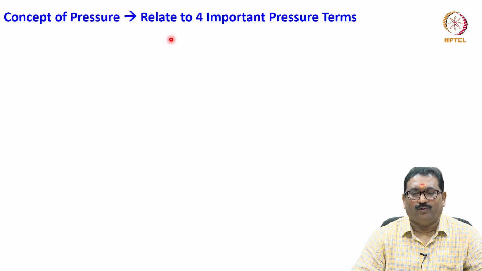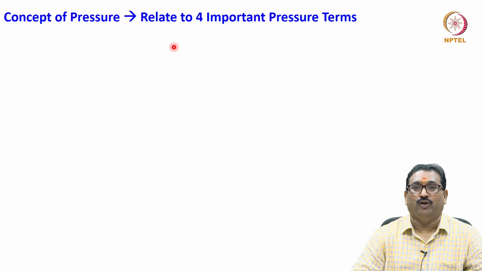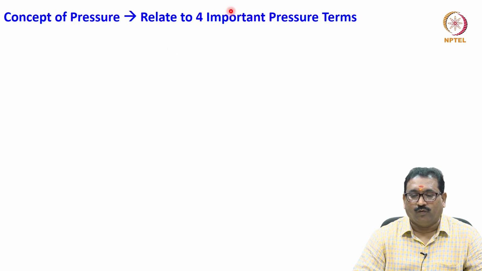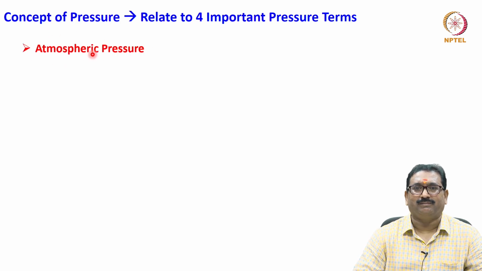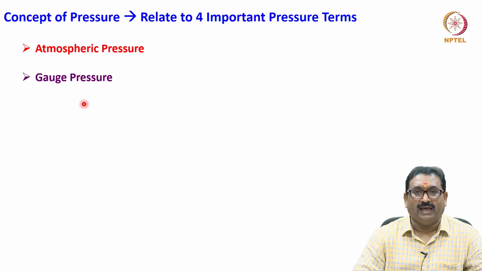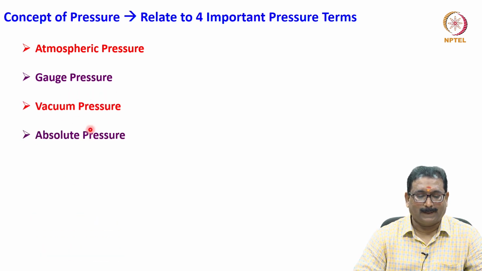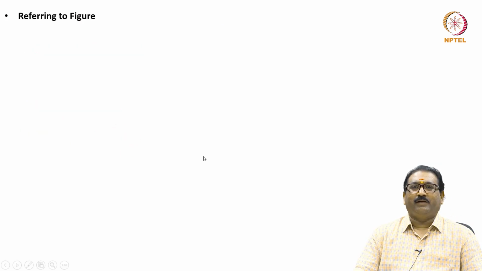But now I will give you some important terms which are very essential in pneumatics. The 4 important terms are: atmospheric pressure, gauge pressure, vacuum pressure, and absolute pressure.